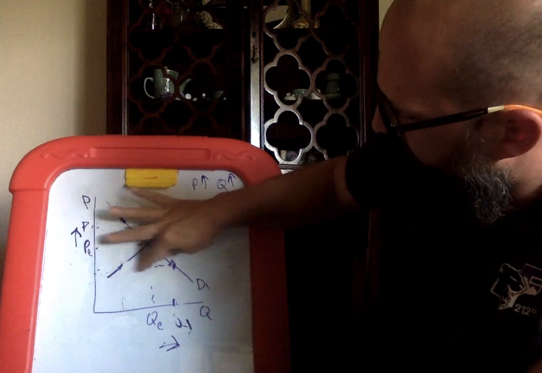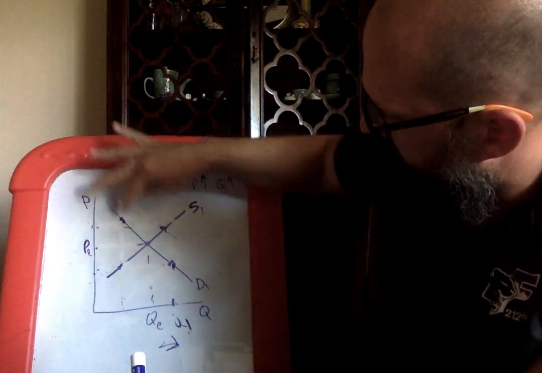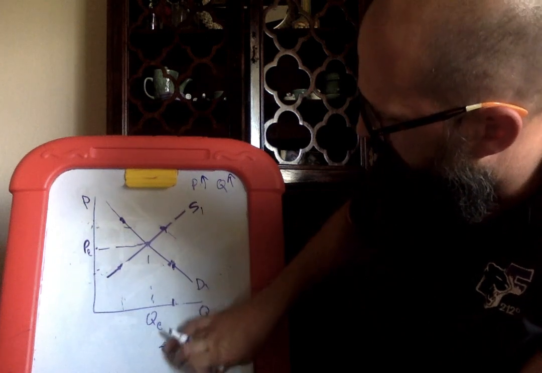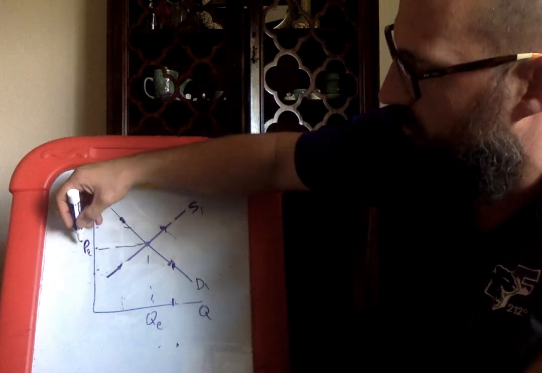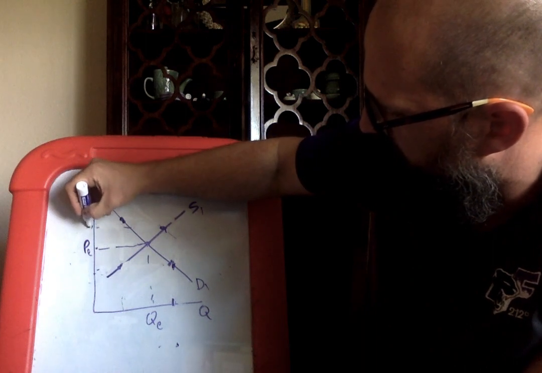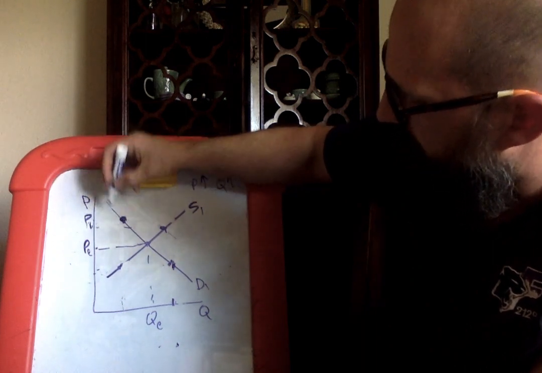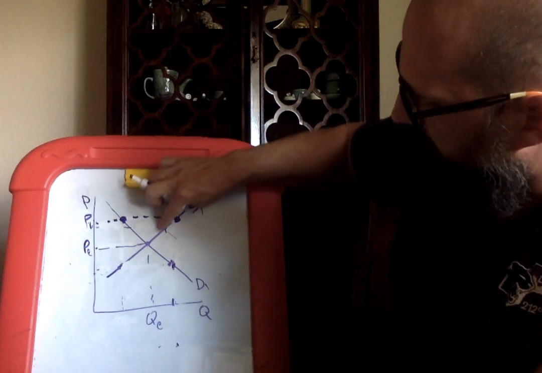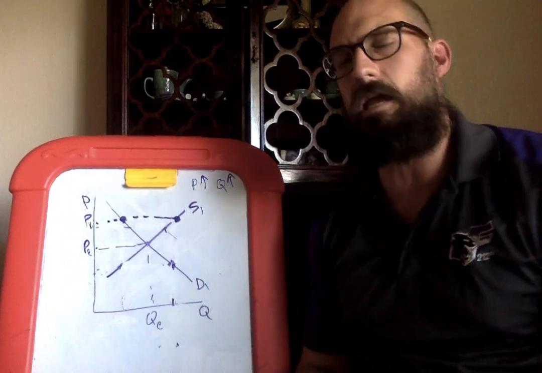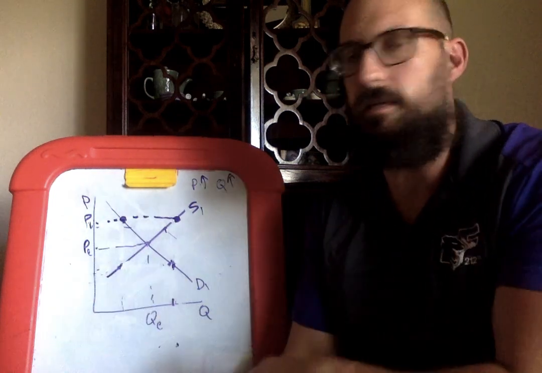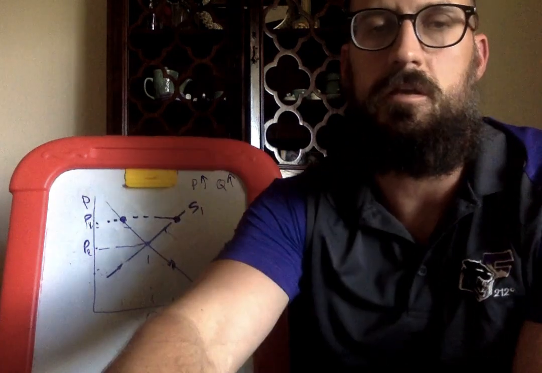So if we're here at our equilibrium point and we've changed our price, we've increased our price to, let's say, P sub 1, to this point right here, well then what's happened is price has increased, the market has then been put into a surplus. Now remember, surplus means being above the equilibrium point, okay? All right.